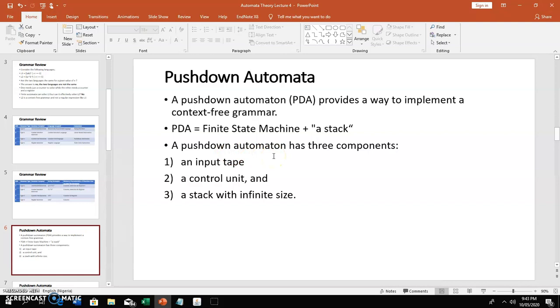First is an input tape, which is your input alphabet, where it takes in its inputs. Then you have a control unit. The control unit is just your normal finite state automaton that moves from state to state. Then you have a stack of infinite size.